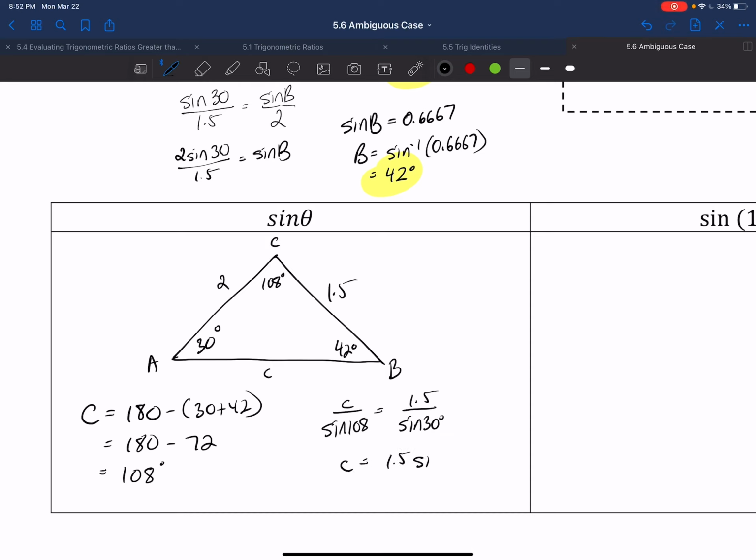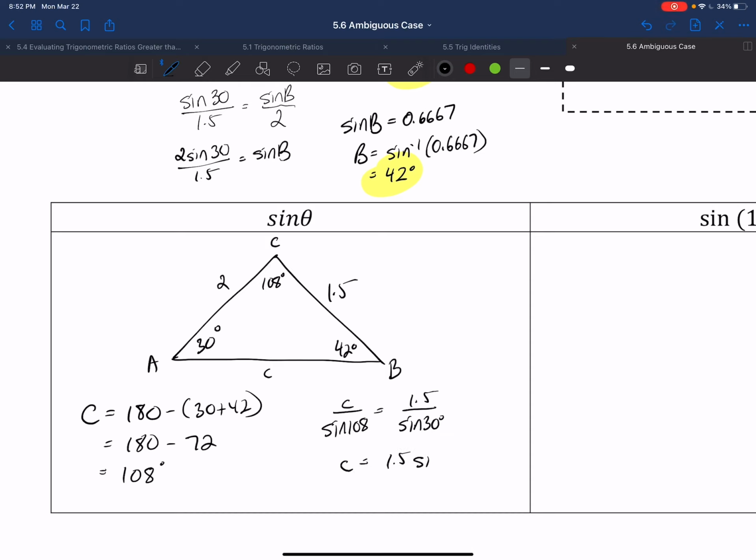So we have 138 as angle B. So now we're going to do the same thing to find angle C and side C. So now we find that angle C is 12 degrees.